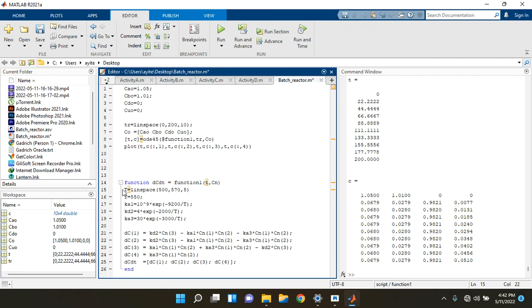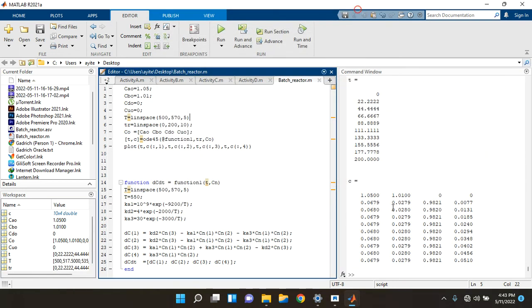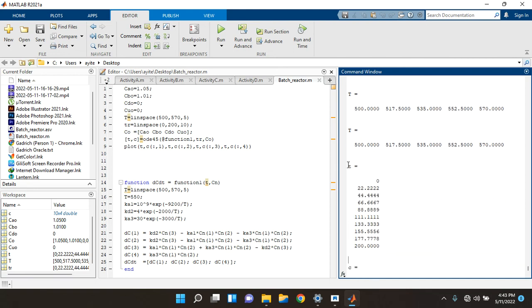So this code divides the temperature range into 5, and then I wrote 5 different functions for each by calling the first one. So if I copy this and I bring it here, and then I run the script, I'm going to see my t, which is 500, 517, 535, 552.5, and 570.